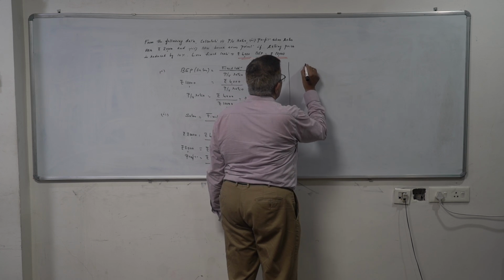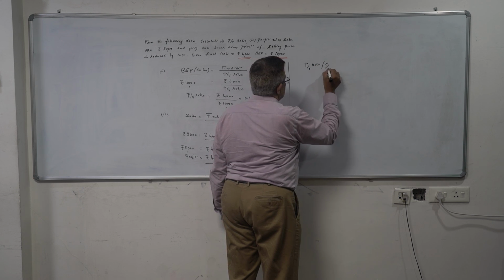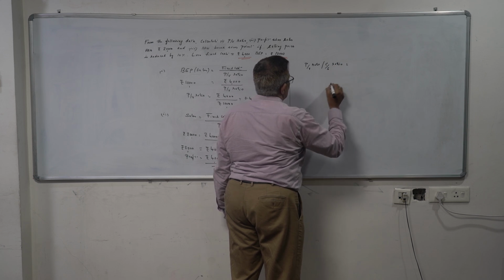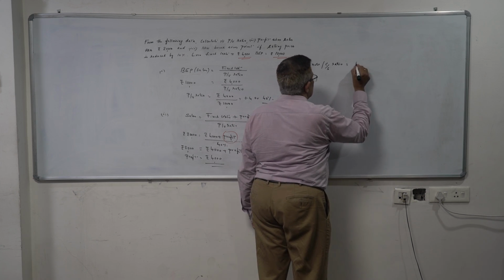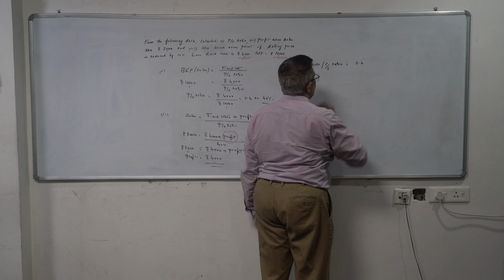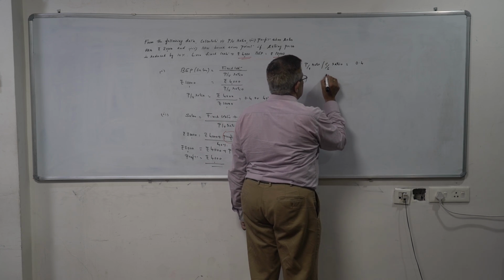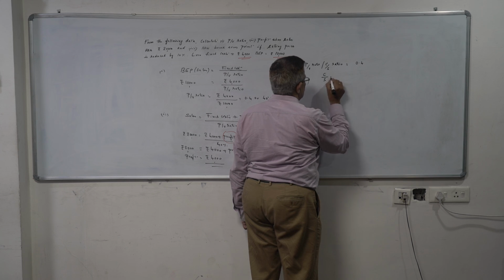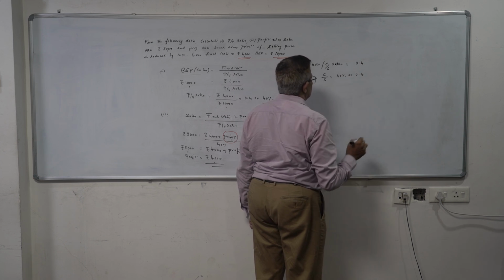So PV ratio or C by S ratio, we have got it as 40%. That is nothing but 0.4. Now this is nothing but in simple C by S is equal to 40% or 0.4. You can take any of this.